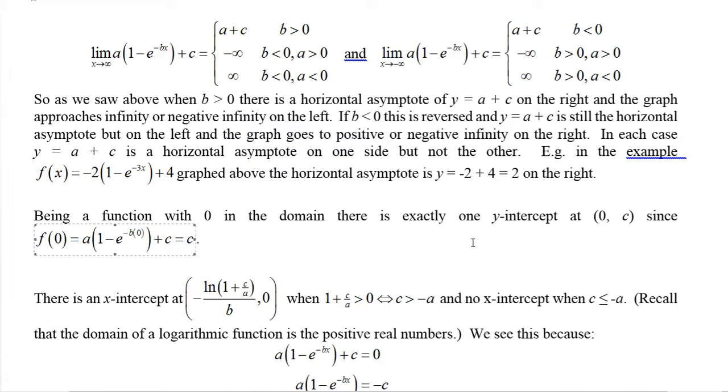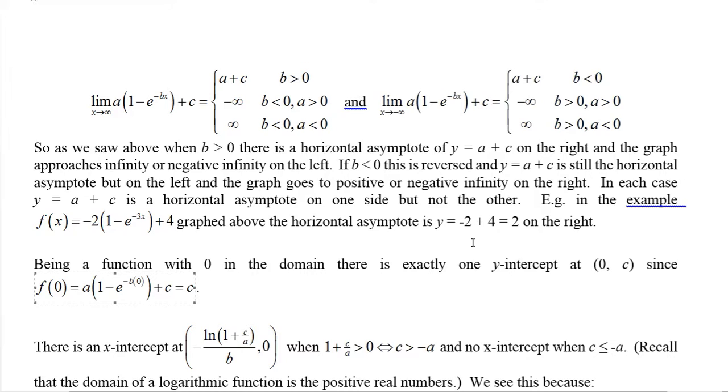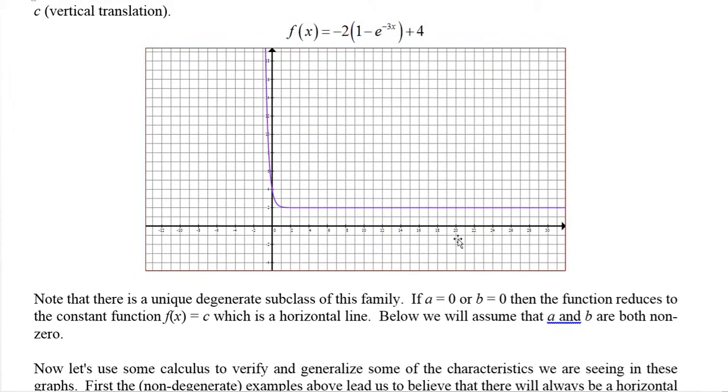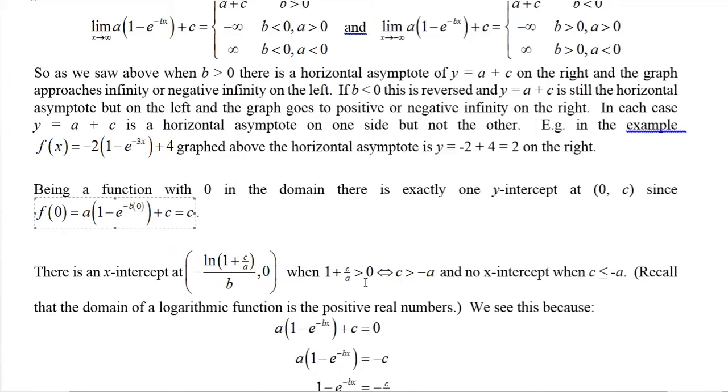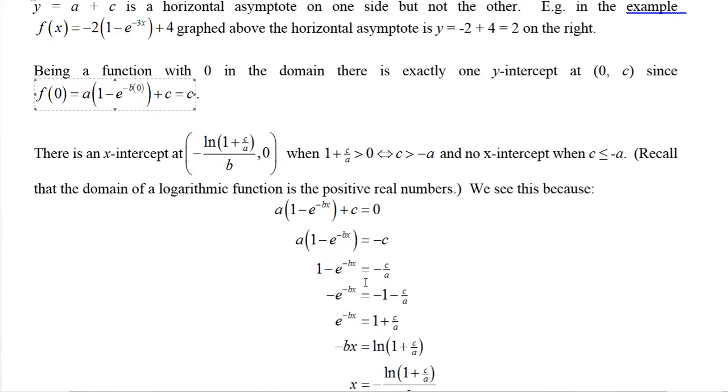So regardless of the values of a and b, we know the y-intercept is just the same as c. That's a nice little thing to see. The y-intercept is really not affected by the values of a or b.